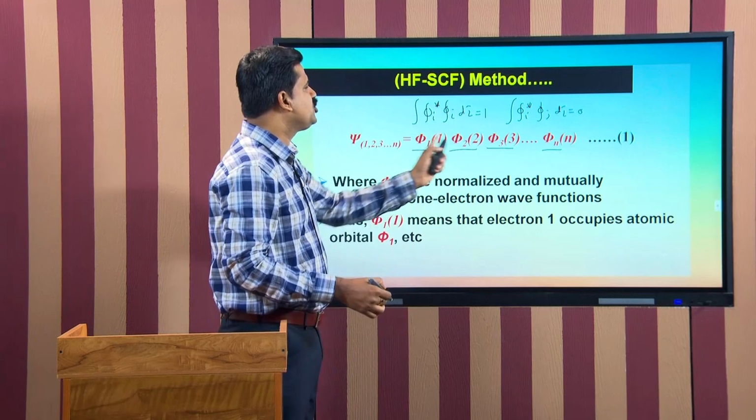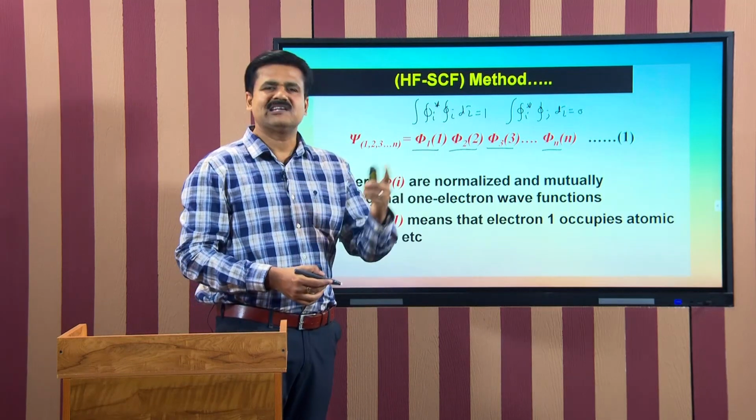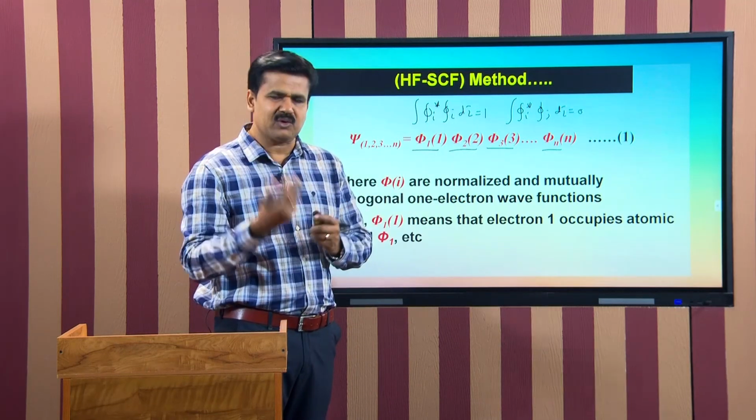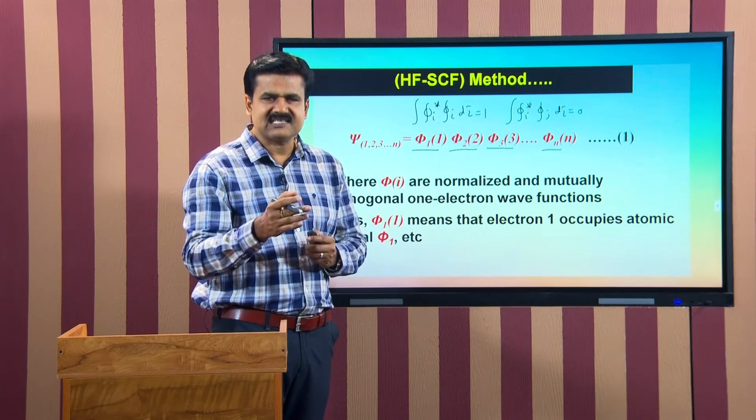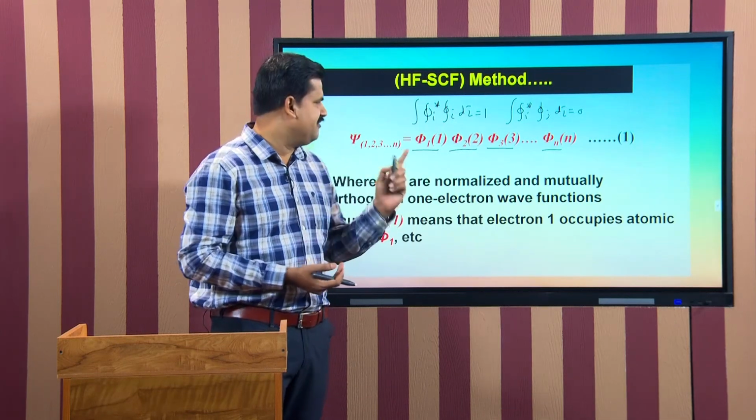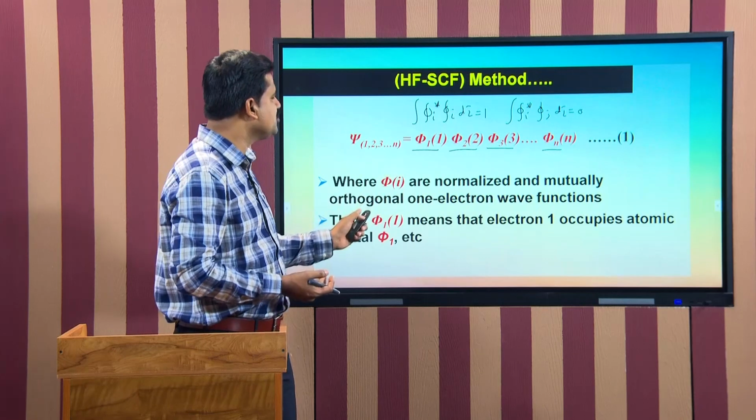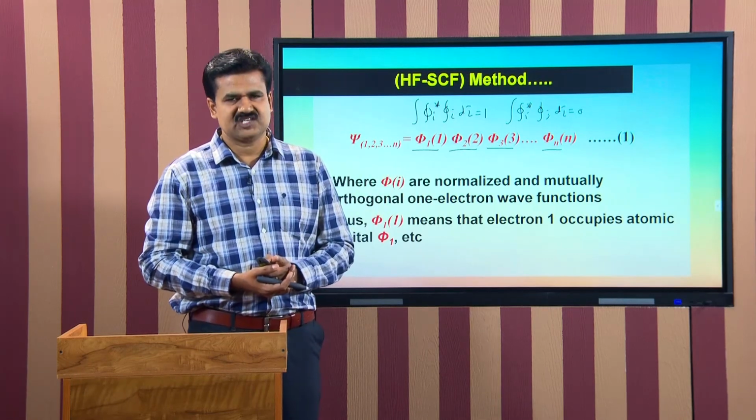That is, two individual one-electron wave functions are mutually orthogonal, and as such normalized, where the phi i are normalized and mutually orthogonal one-electron wave functions.